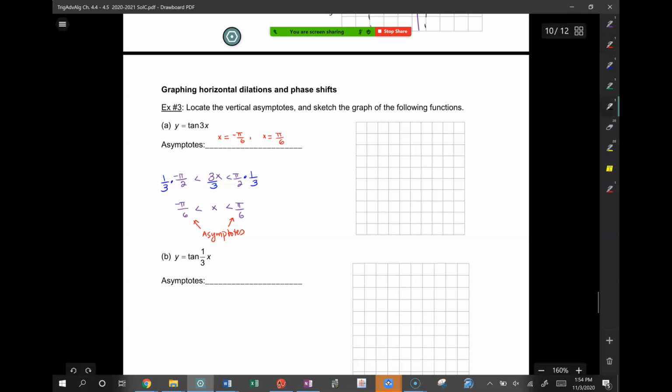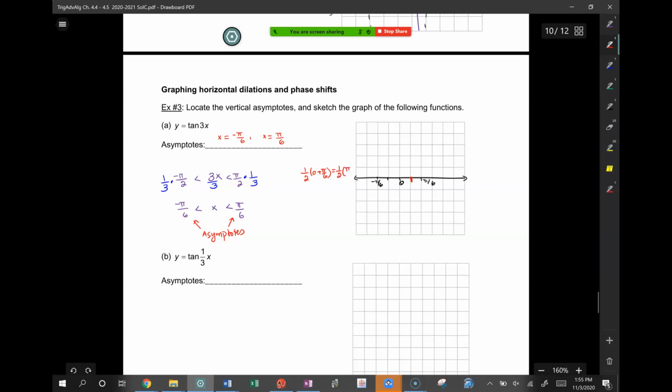Okay, let's graph this guy. I'm gonna go from -π/6, 1, 2, 3, 4 to π/6. Okay, in the middle it's 0. That other point in the green is halfway from 0 to π/6.